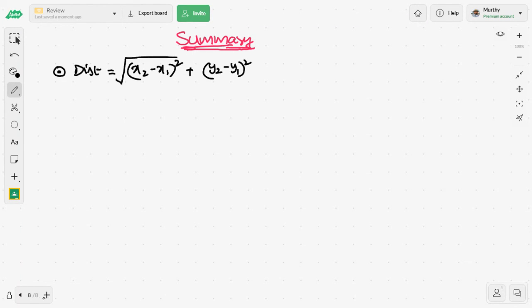This is derived from the Pythagoras theorem. As I told you before, the vertical blocks you can count, and the horizontal blocks also you can count. But the slanting one, which is the hypotenuse, cannot be counted, so we use the distance formula to compute the distance between 2 points.